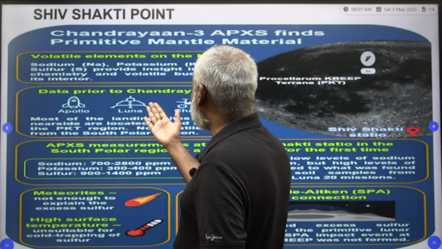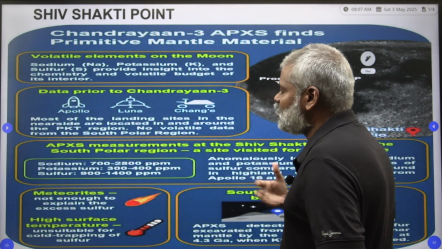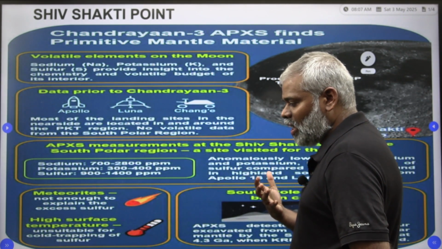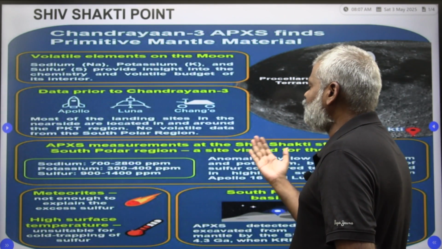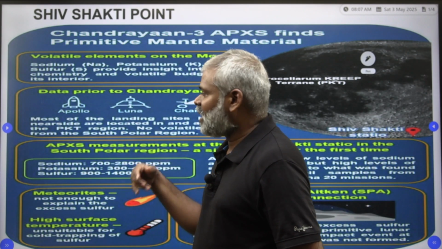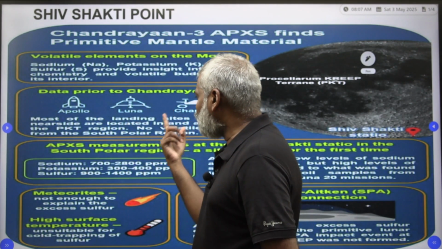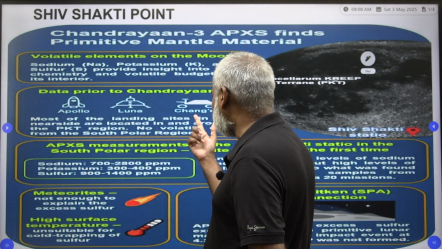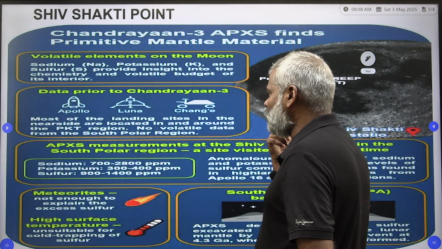We have to confirm this data against other data. Prior to Chandrayaan 3, Apollo went to the moon, Luna went to the moon, Chang'e went to the moon.